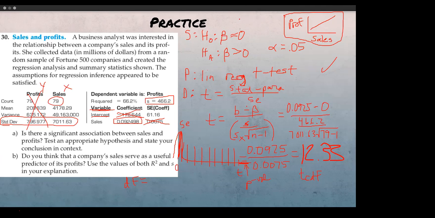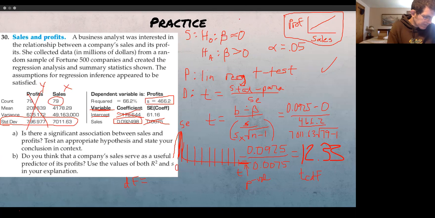We had 79 for n. So degrees of freedom is just going to be 79 minus 2, and therefore 77.